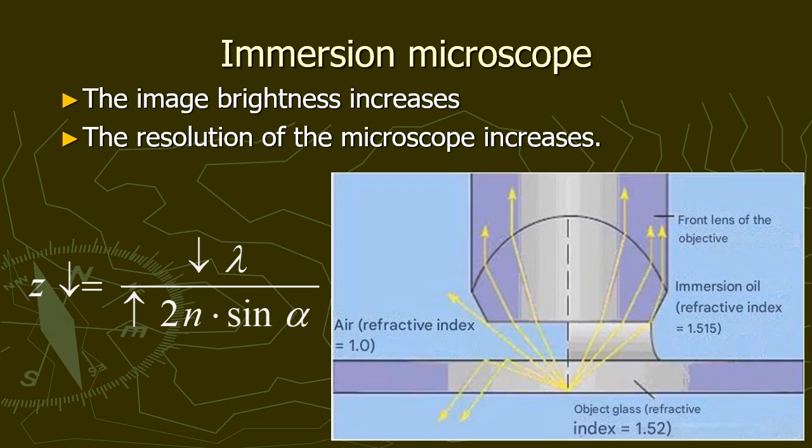As shown here, reflection does not occur at the objective. And in this case, the brightness of the image increases, and as I said, the resolution of the microscope increases. This is the first way to increase the resolution of the microscope.